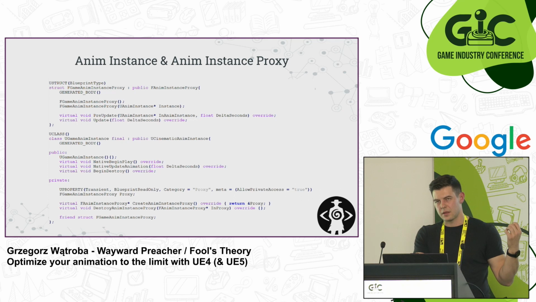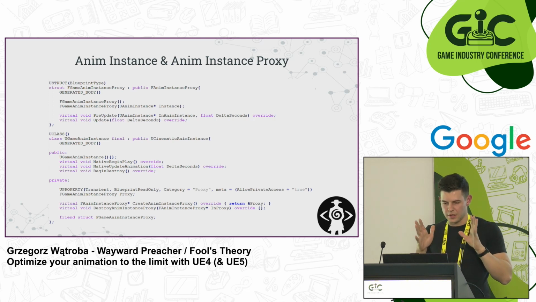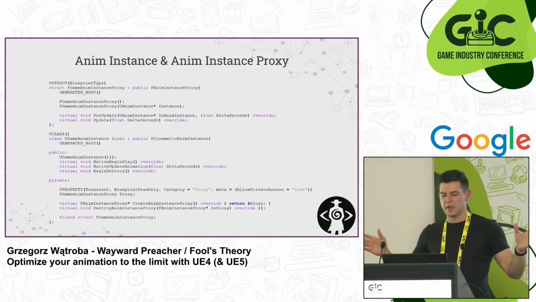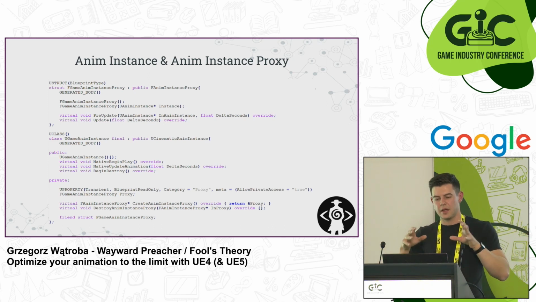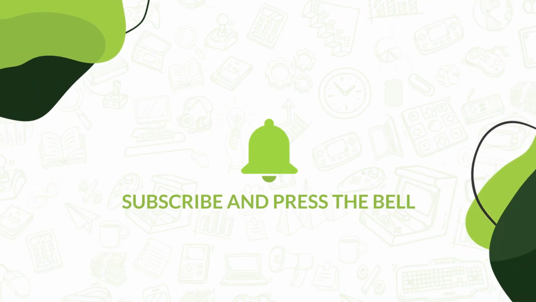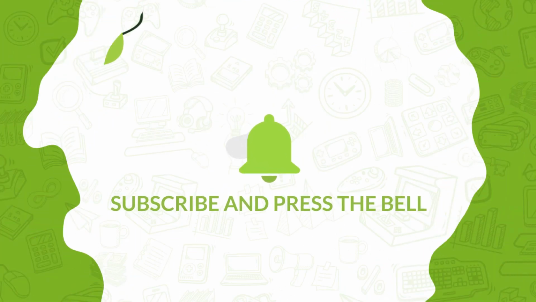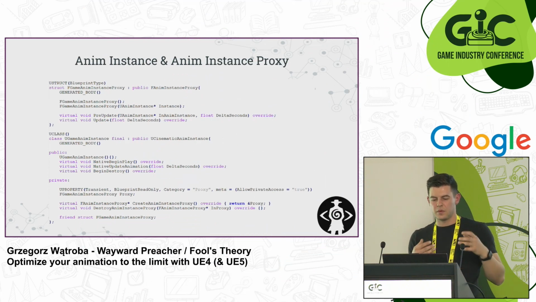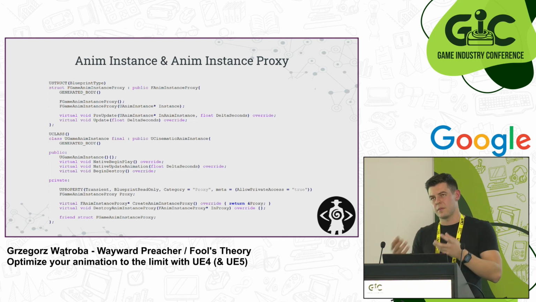And through that approach, we actually can tremendously optimize stuff, because the structure of anim instance proxy holds data and parameters for animation, and they are prepared before the animation frame, and then read all of this data and calculate within this anim instance code in non-blocking way. And after that, we have to synchronize stuff, and through fast path, we access data very quickly in a thread-safe manner within the anim blueprint.